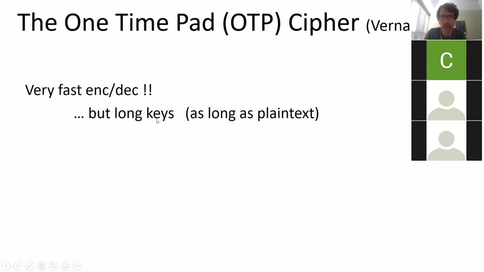The issue is that the keys are long, as long as the plaintext. When you have to encrypt, say, an IP packet of 1,500 bits or so, you need 1,500 bits of key.